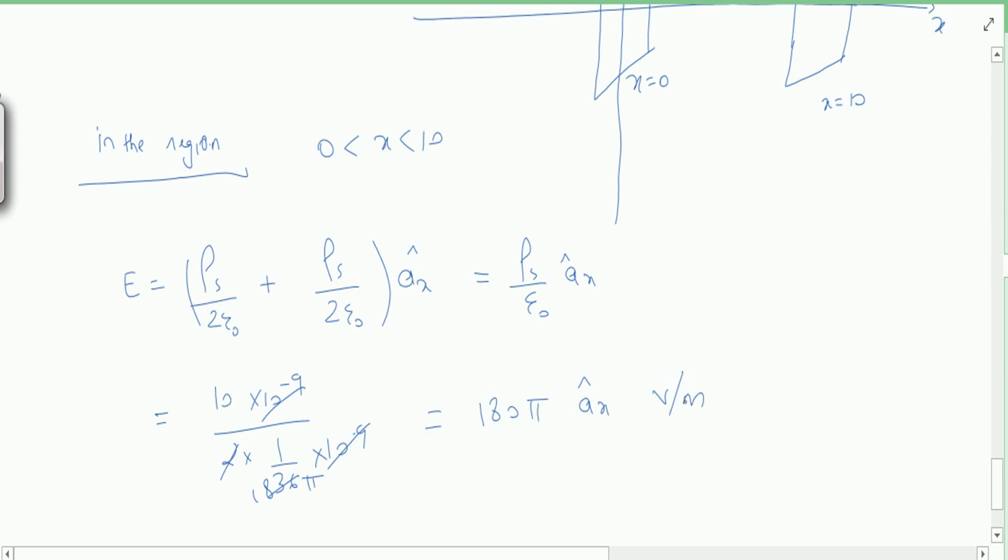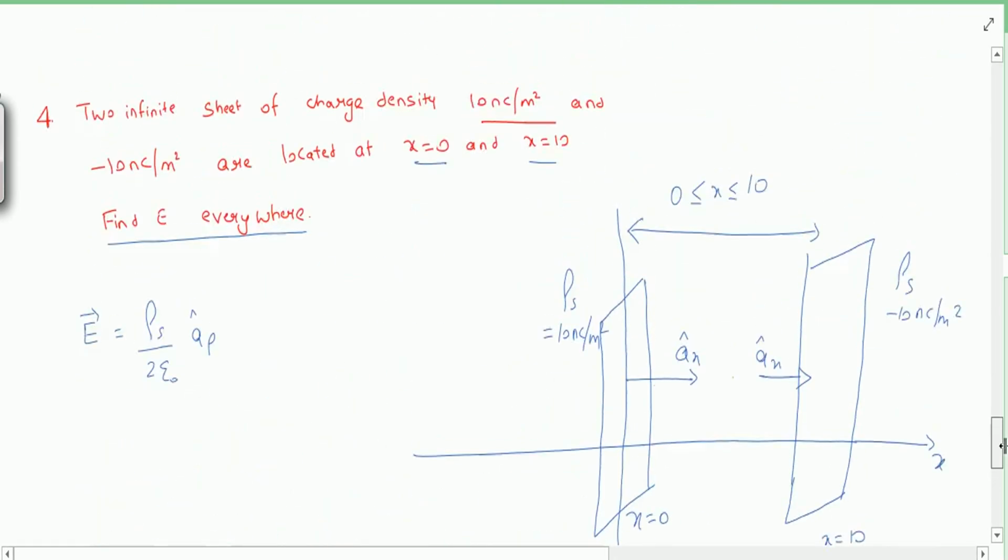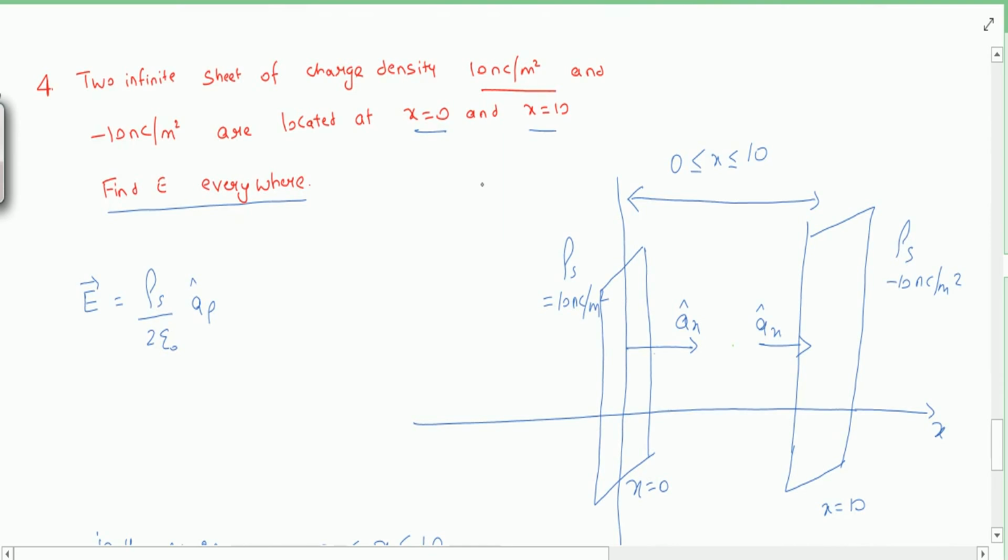You should remember the units. So in between the plates the electric field is 180 pi volt per meter. Now what can you say about the surface from 0 to minus infinity? You can see that the electric field does not depend on the distance.